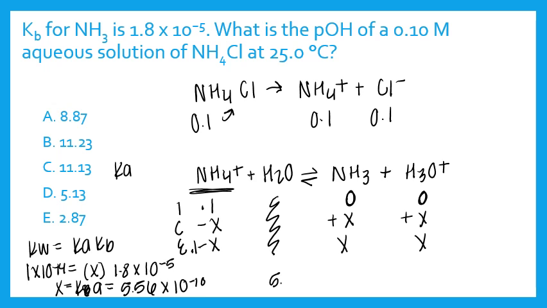So with 5.56 times 10 to the negative 10th, that's such a weak acid that we can ignore our x in the denominator, so we have x squared over 0.1.